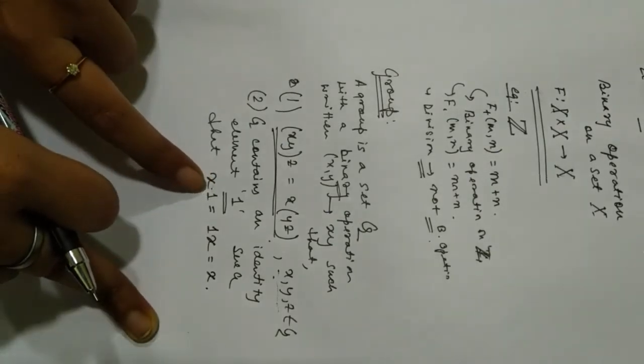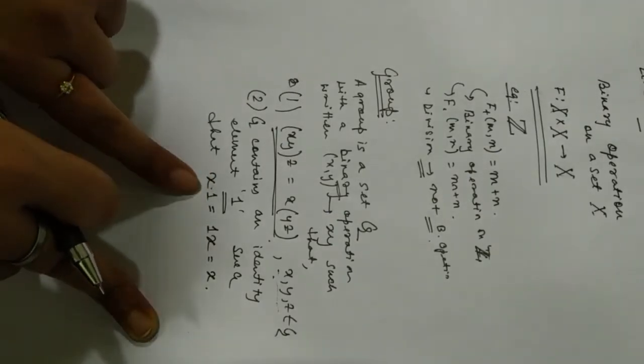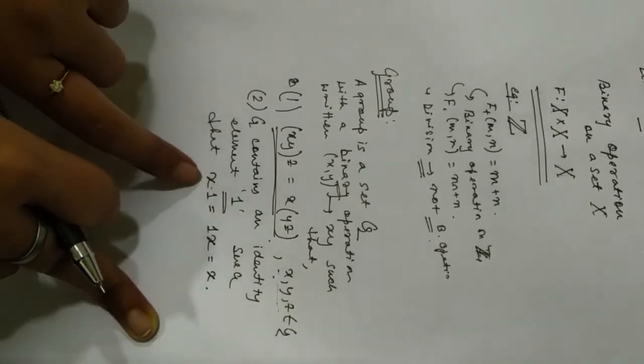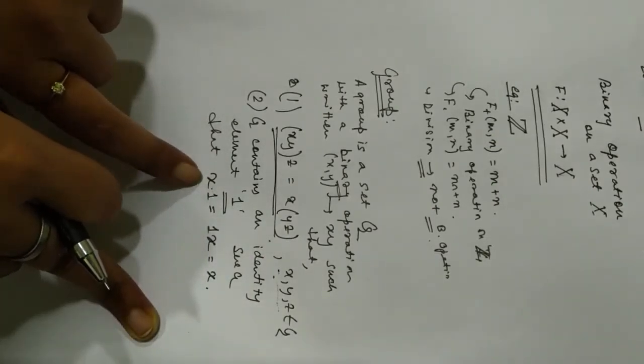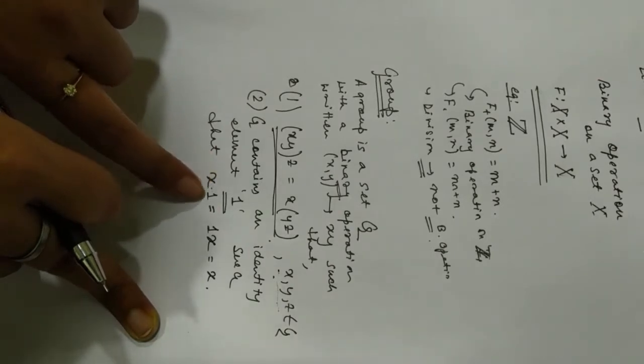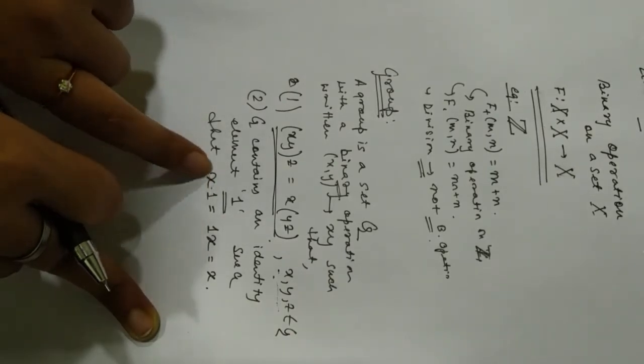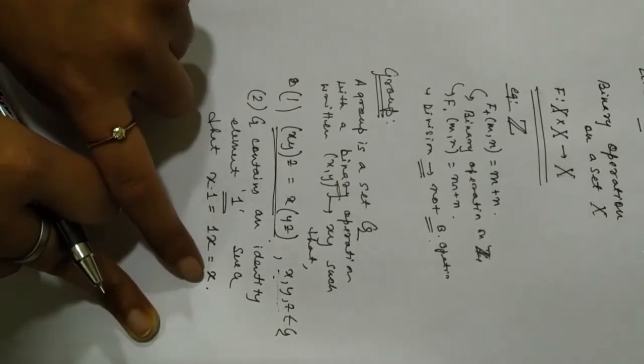So this does not necessarily mean multiplication. This means that when the binary operation is performed on two elements, the identity element and any other element of the group, we get the original element.